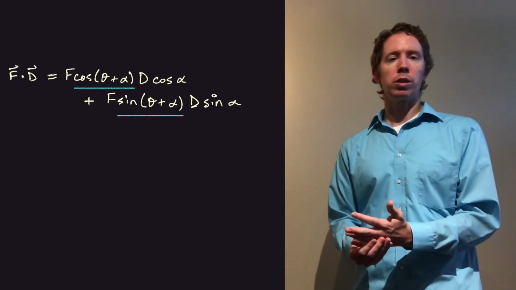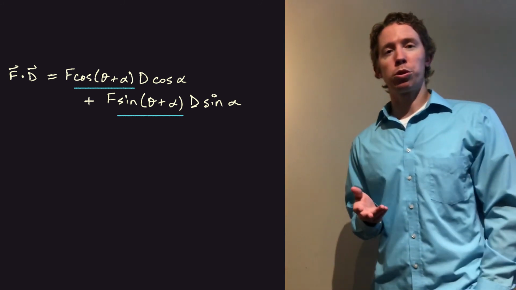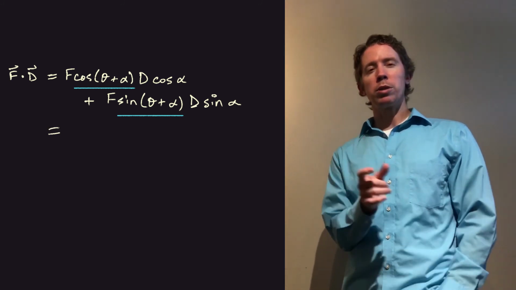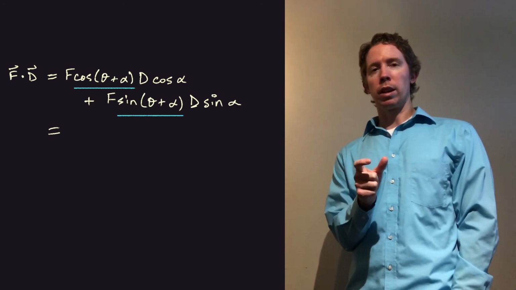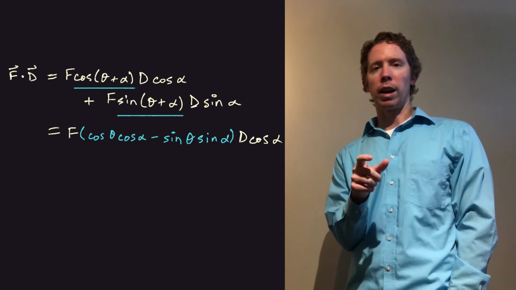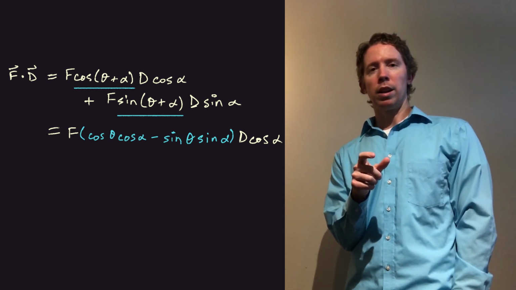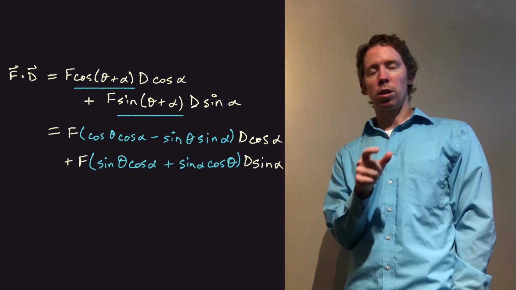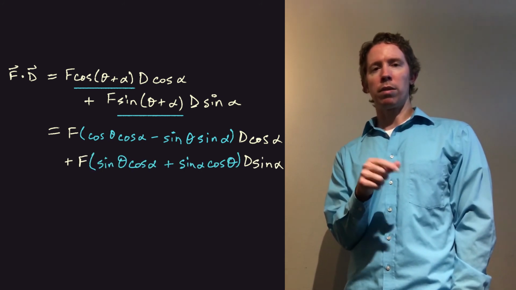I can't tell yet, but we can simplify the cosines and the sines. Let's go back to trig, to our angle sum formulas. Remember, cosine of theta plus alpha is going to give you cosine theta cosine alpha minus sine theta sine alpha. And then sine of theta plus alpha is going to be sine theta cosine alpha plus sine alpha cosine theta.